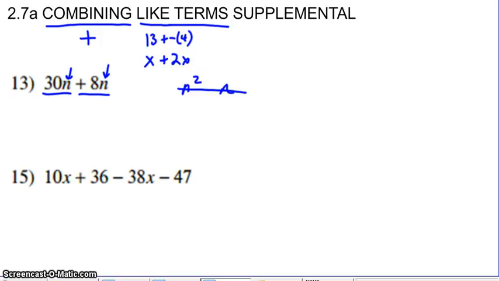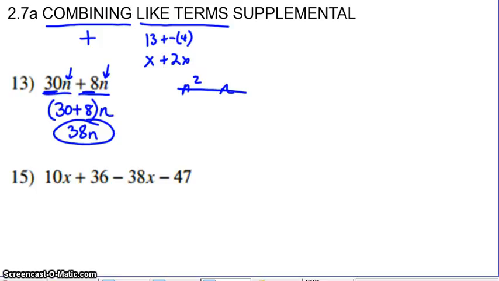How we combine them is we combine the coefficients, so positive 30 and positive 8. We combine the coefficients and we bring n along with it. So 30 plus 8 is 38, and then we have n. So it's 38n.